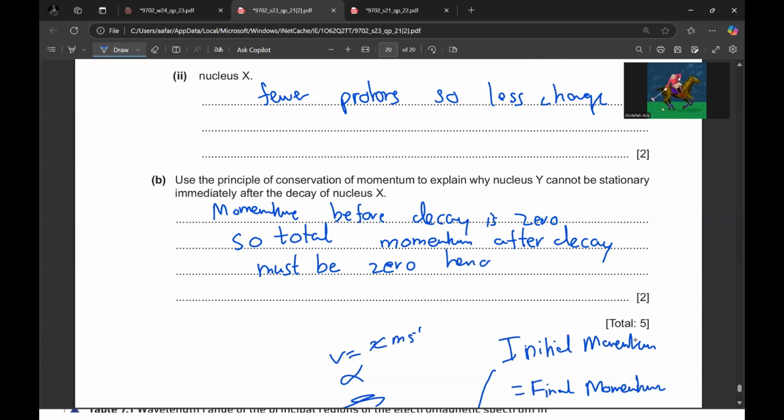Hence, Y must have equal and opposite momentum to the alpha particle.